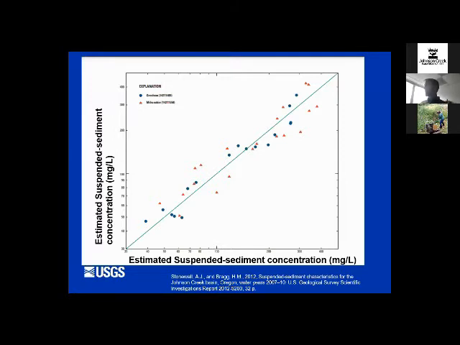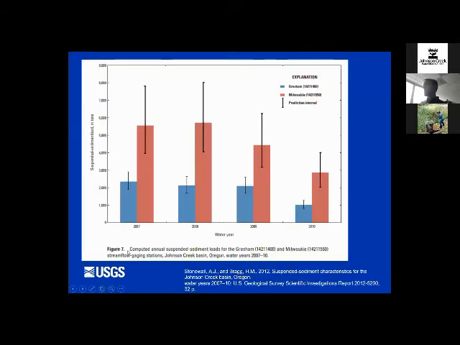As you can see by this graph, we were able to predict concentration fairly well at both locations. As that plays out, you can figure out how much sediment comes through those gauges in any given year. As you might expect, there's more sediment coming through the downstream gauge at Milwaukee than at Gresham. In fact, Gresham is typically about half to a third of what you see in Milwaukee.